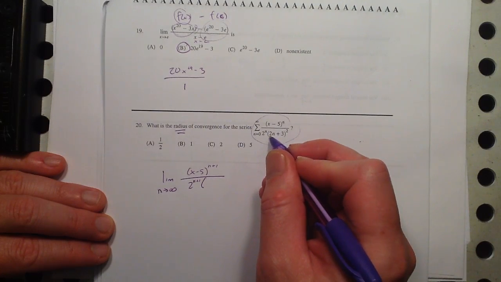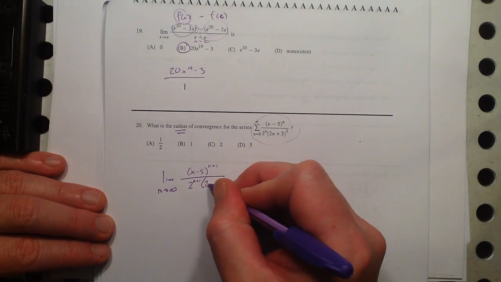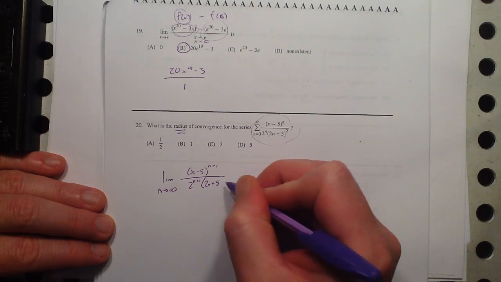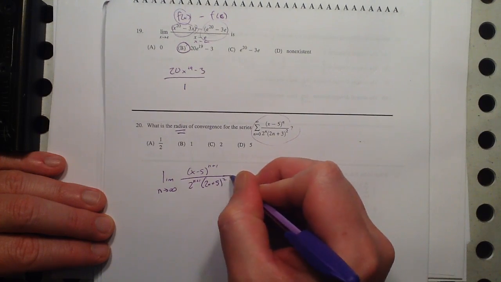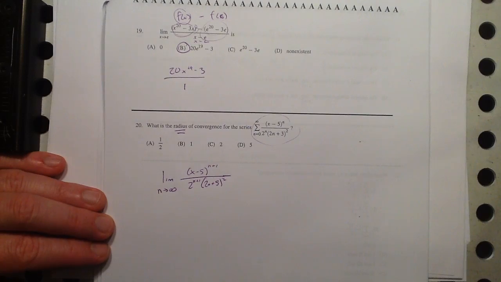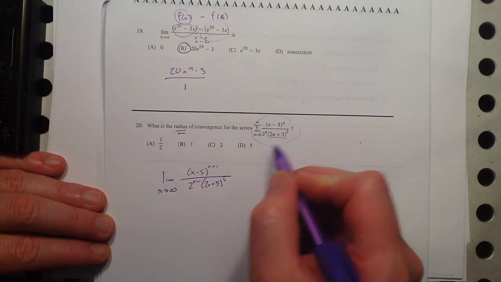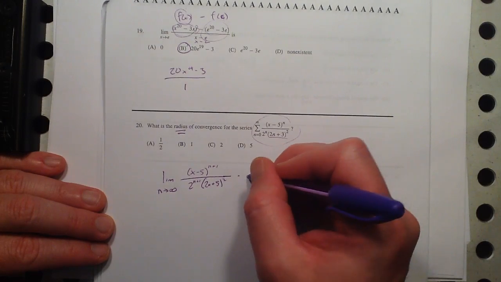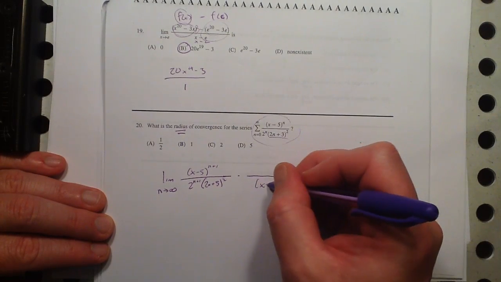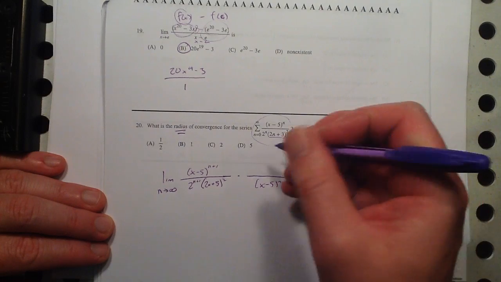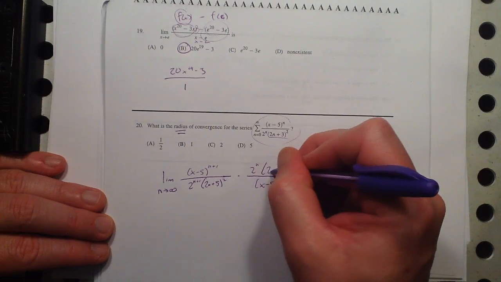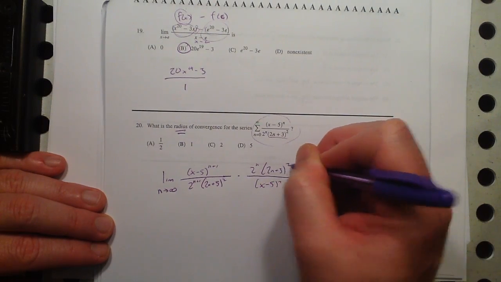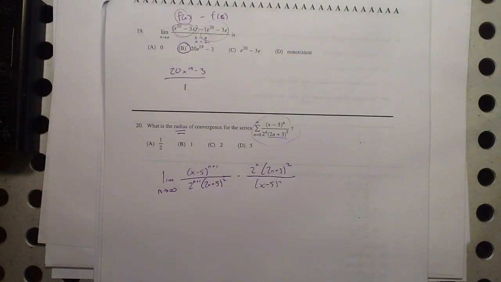Two times n plus 1 is 2n plus 2. This is like odd numbers because you take the next odd number. And then I'm going to divide by the original thing, x minus 5 to the n over 2n plus 3 squared. All right, I'm going to try to simplify here.